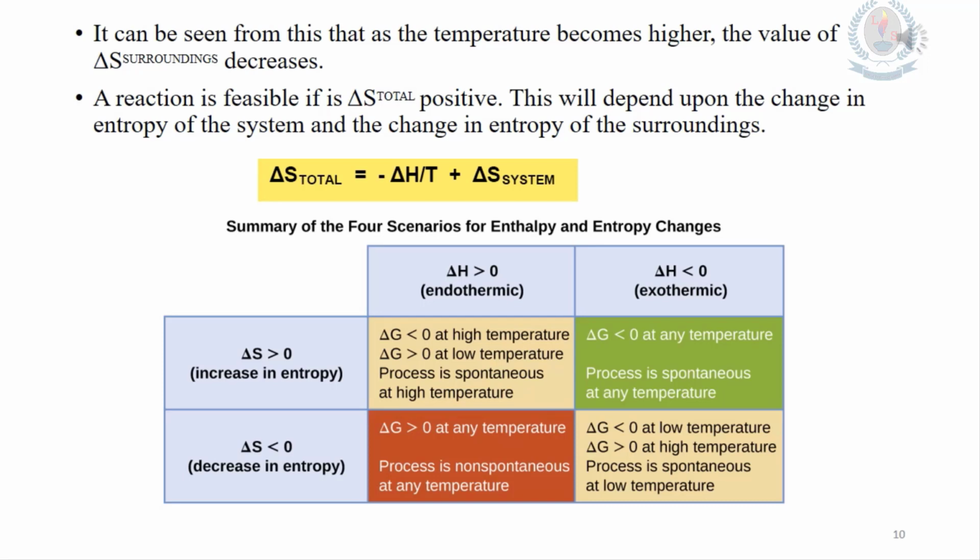We can calculate the feasibility of the reaction using delta S total equals delta S system plus delta S surrounding, or you can say delta S total equals delta S system plus negative delta H over T. Here delta H over T means delta S surrounding.